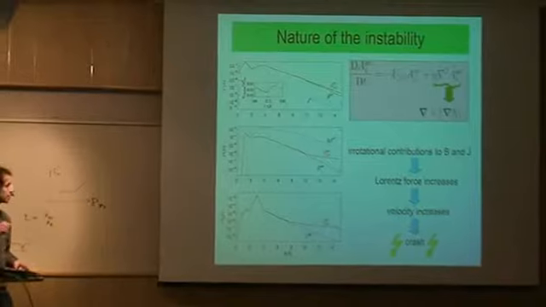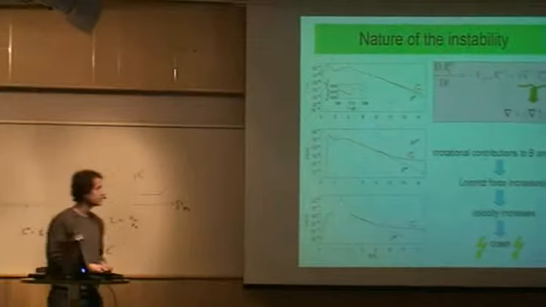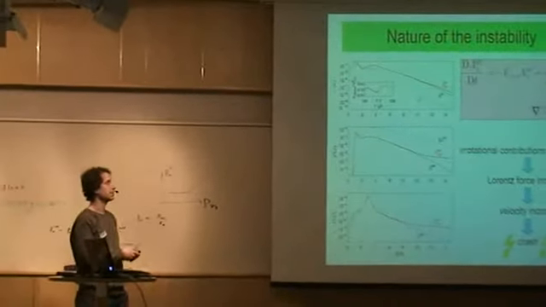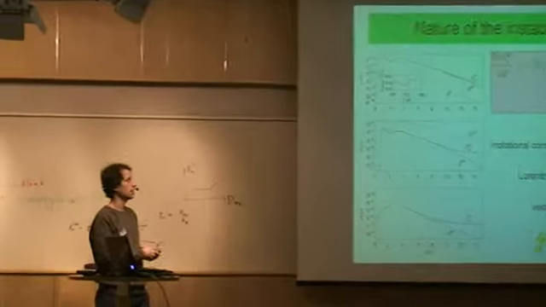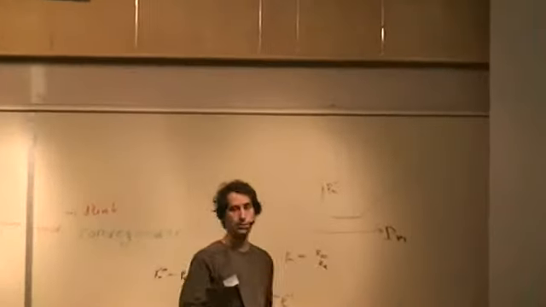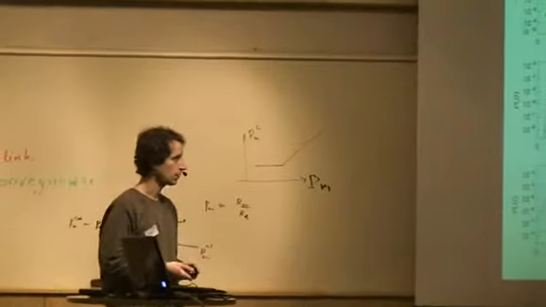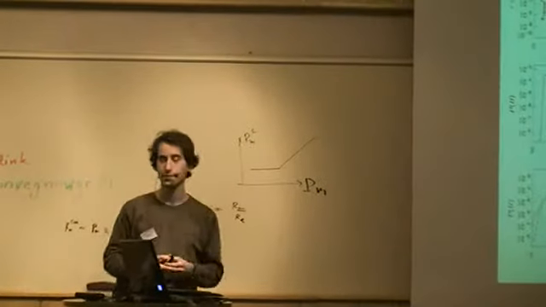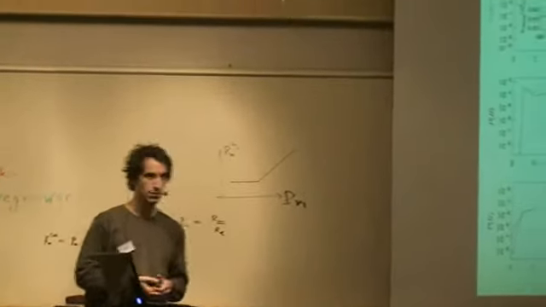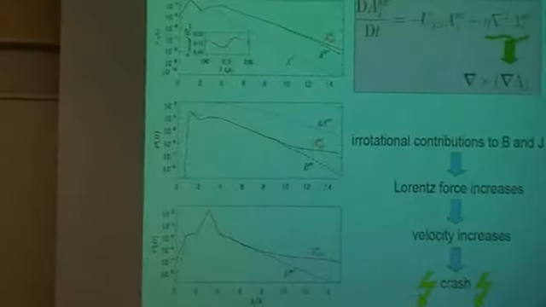Now, why is this unstable? If you look at the evolution equation for the magnetic vector potential, you see that there are curl gradient terms of lambda. Of course, this has to be zero analytically, but numerically it's not.